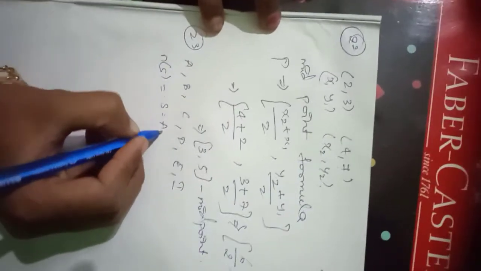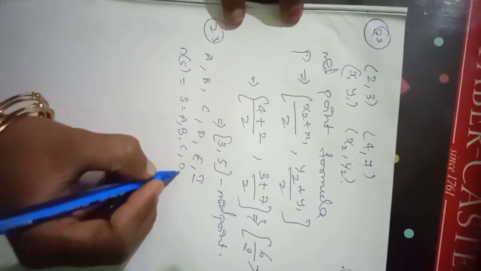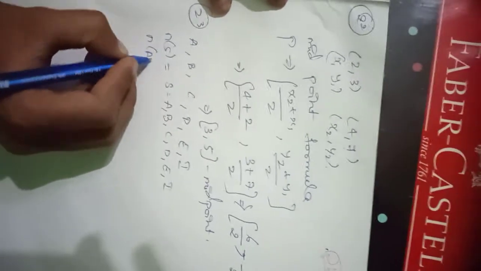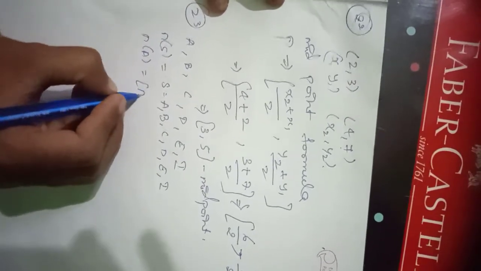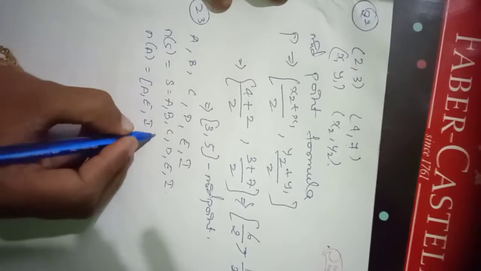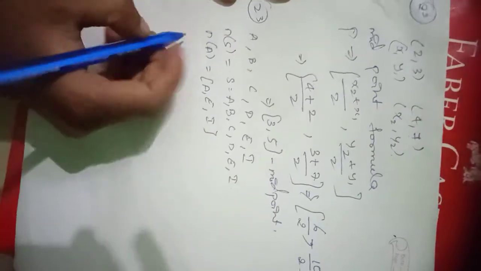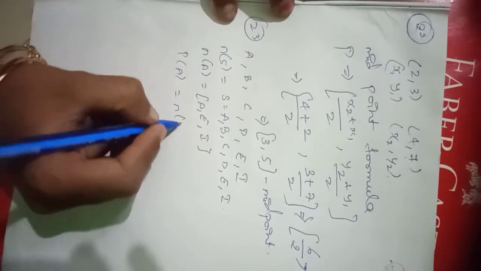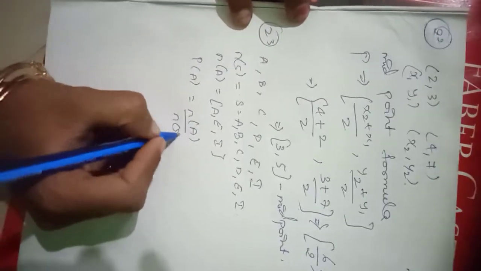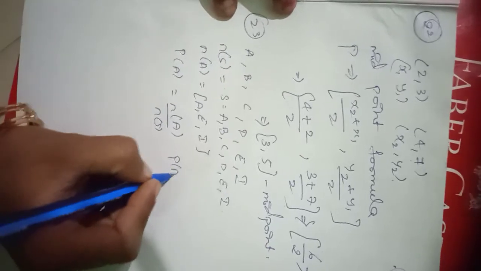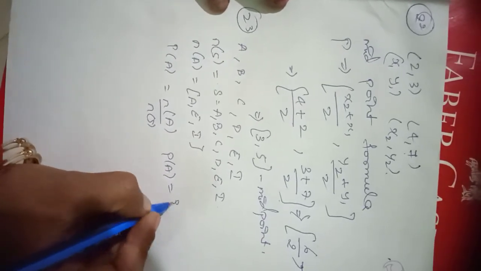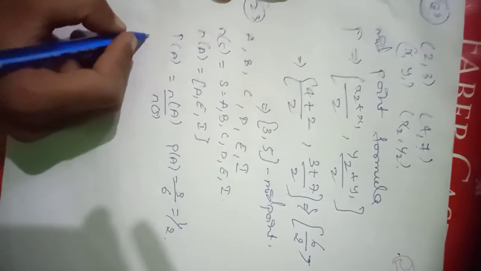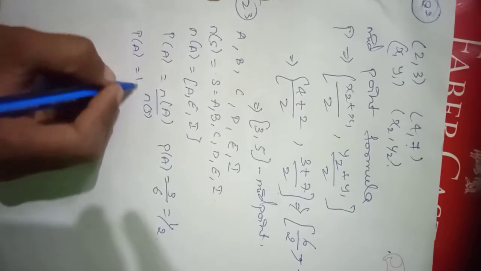S is equal to A, B, C, D, E and I. Vowels: n of A is A, E, I. The formula is P of A equals n of A divided by n of S. We have 3 vowels out of 6, that is 3 by 6, equal to 1 by 2. So P of A is 1 by 2.